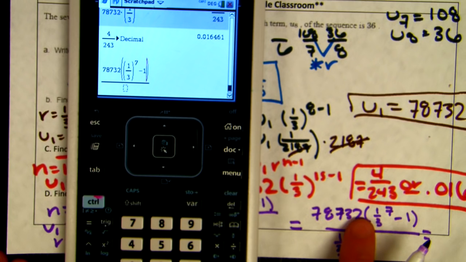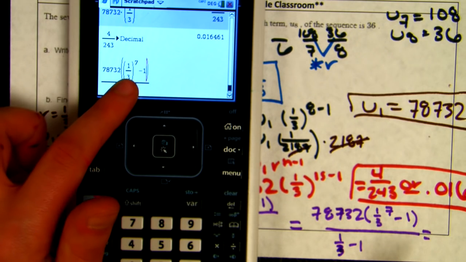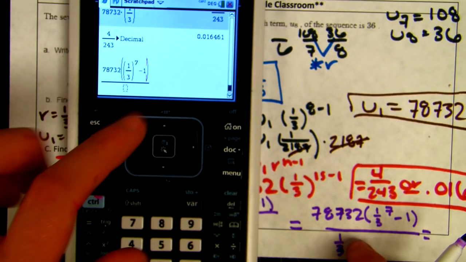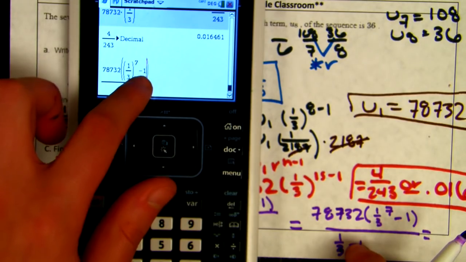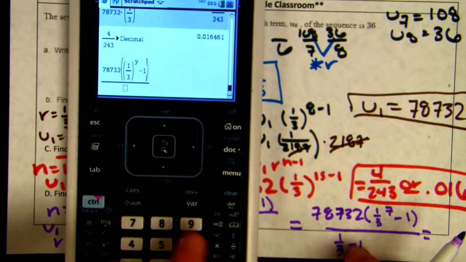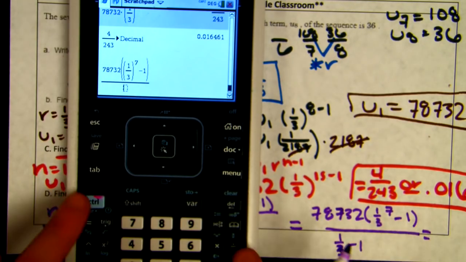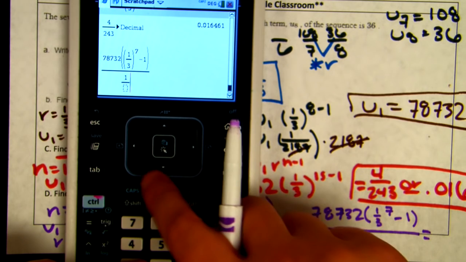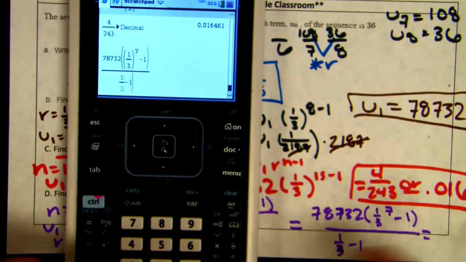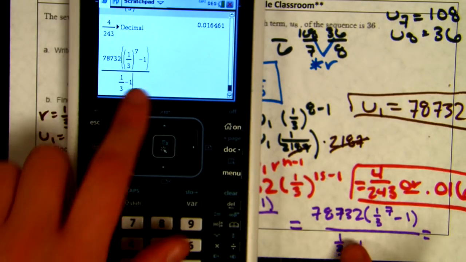So if you set up a fraction bar like me, make sure we have another set of parentheses after that minus 1. So make sure that your numerator looks like this. And I'm going to divide by 1/3 minus 1, which we can see is in my numerator down here.